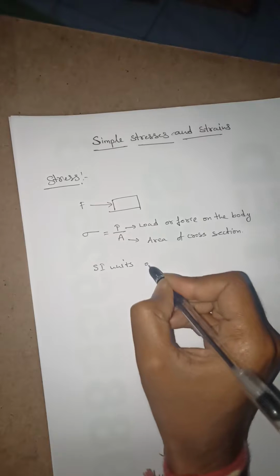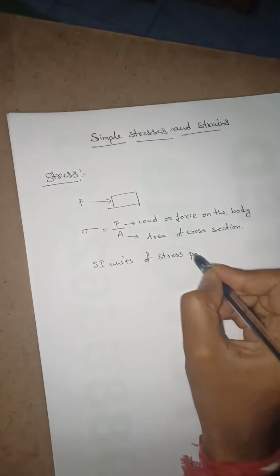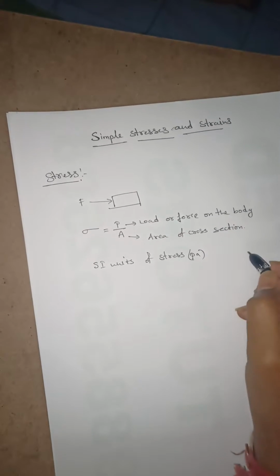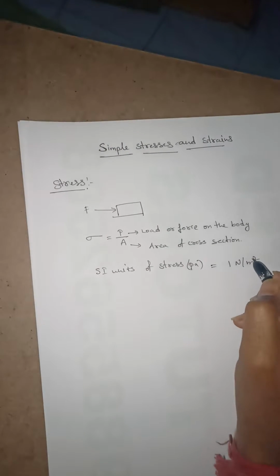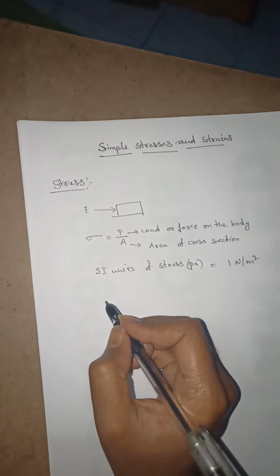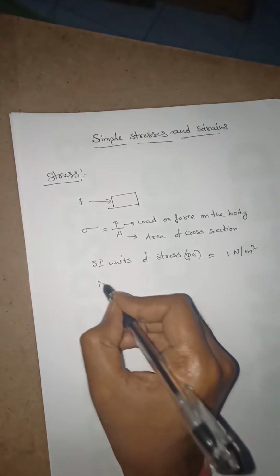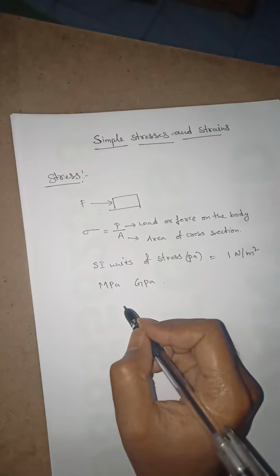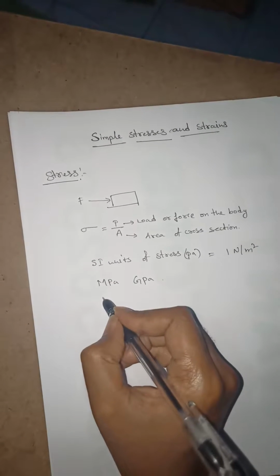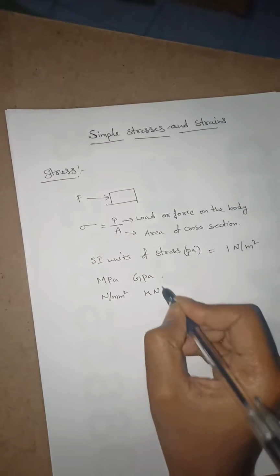The SI unit of stress is Pascal, that is equal to 1 Newton per meter square. In actual practice, we use bigger units of stress, that is megapascal, MPa, and gigapascal, which is equal to Newton per mm square and kilonewton per mm square.